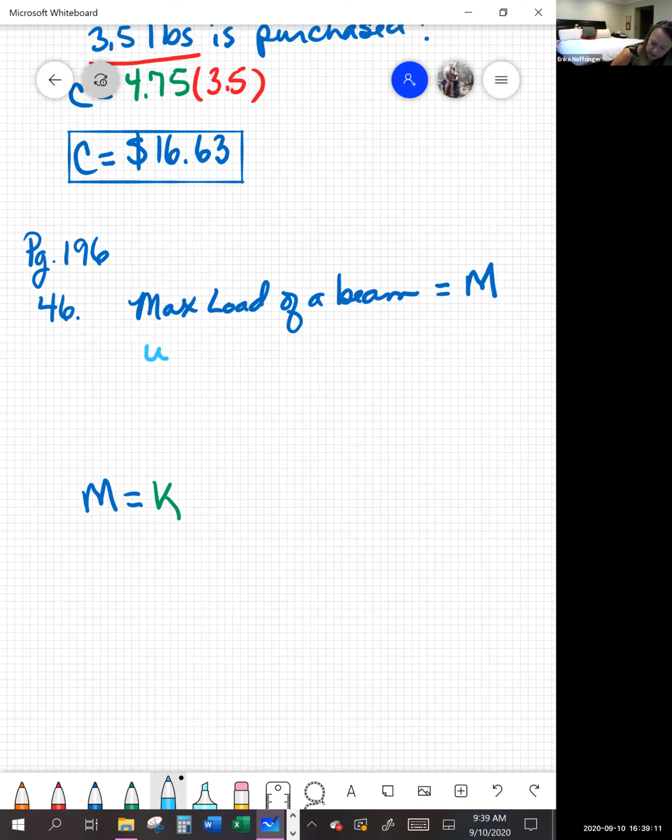So maybe that be w. It varies directly with the width of the beam and the square of the thickness of the beam. So maybe T could be the thickness of the beam.